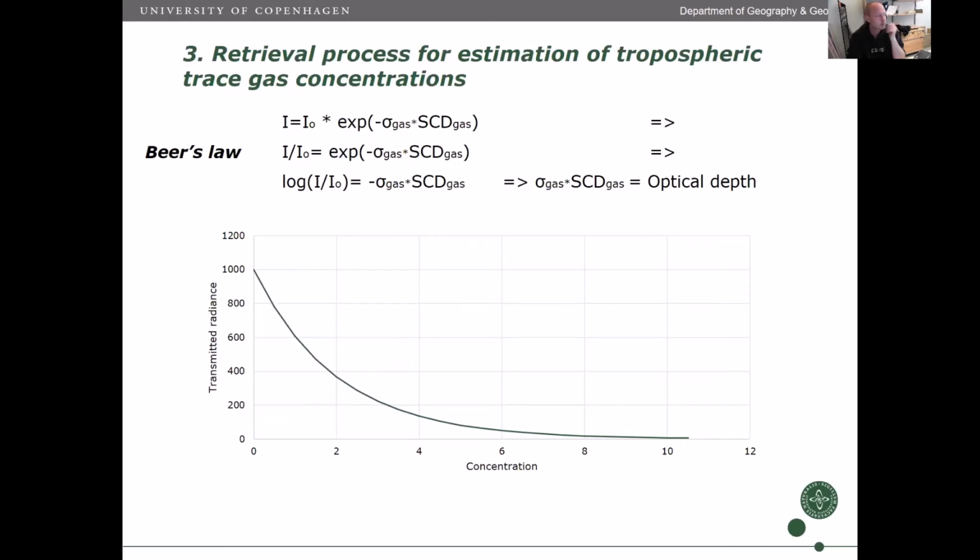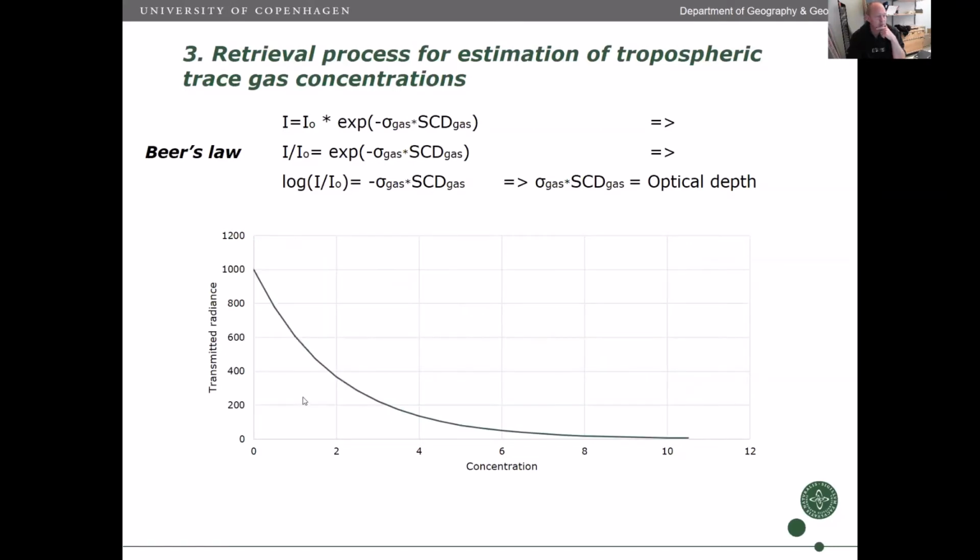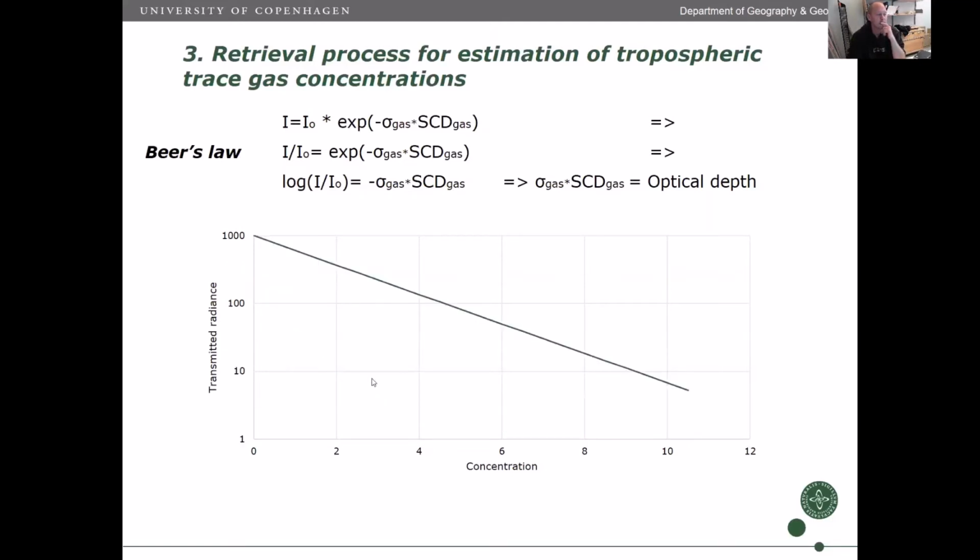And when you convert this to logarithmic, all you do is that instead of each step being 1 watt per square meter of radiation going through the atmosphere like before, each step is now on the base of 10.